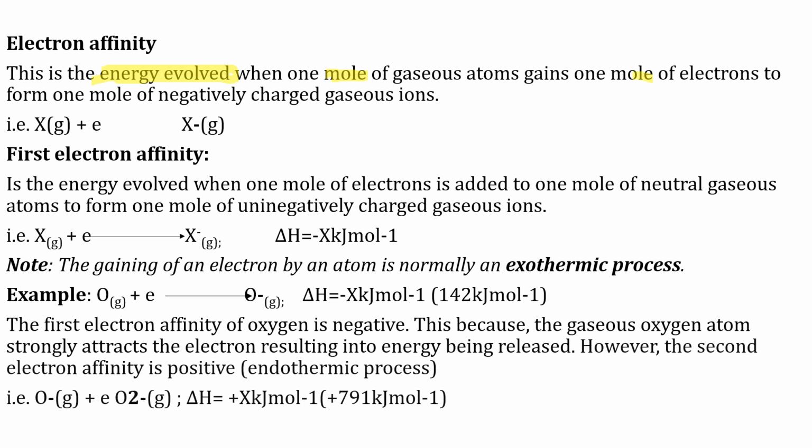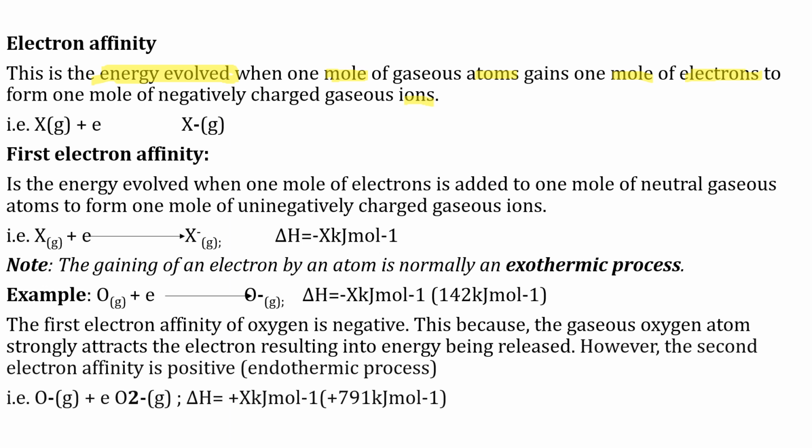Whenever you're using mole, make sure that everything accompanying it is in plural: 1 mole of gaseous atoms, electrons, ions. So since electron affinity is the opposite of ionization energy, instead of energy required, here we say it's the energy evolved.